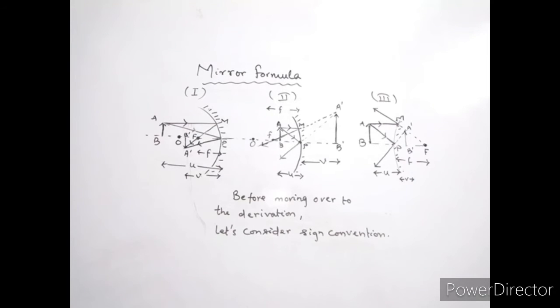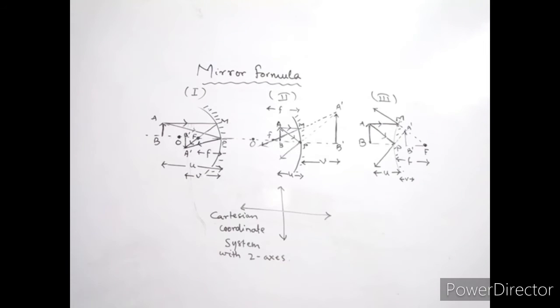Now before moving over to the derivation, let's consider sign convention. What are these sign conventions? Sign convention helps us in understanding or knowing about the position of the object and the image correctly. Obviously we know the position of the object, but what about the image? Let's consider the Cartesian coordinate system with two axes.